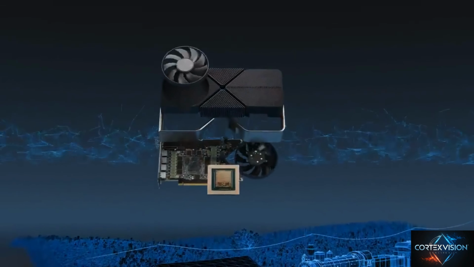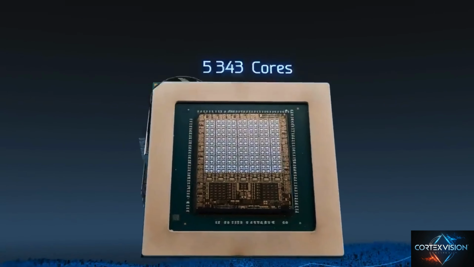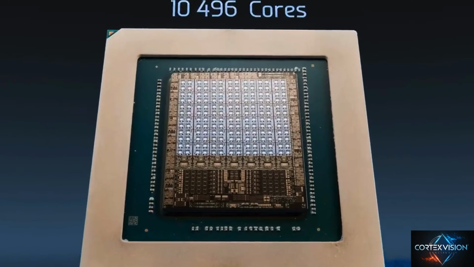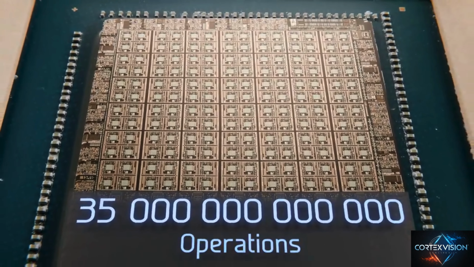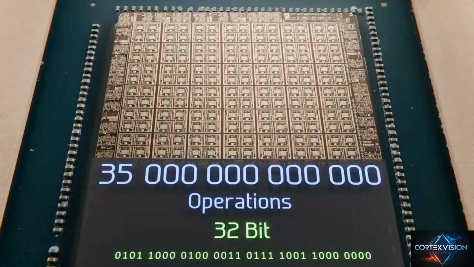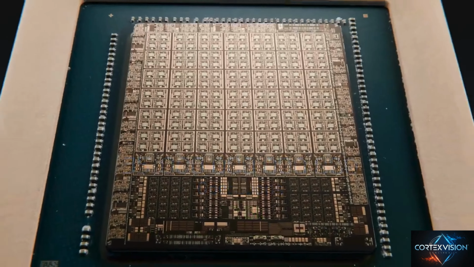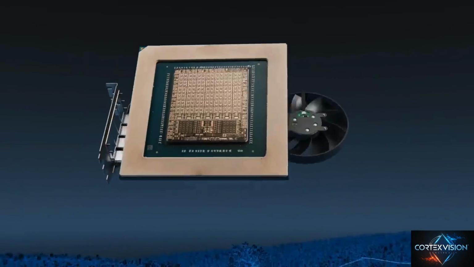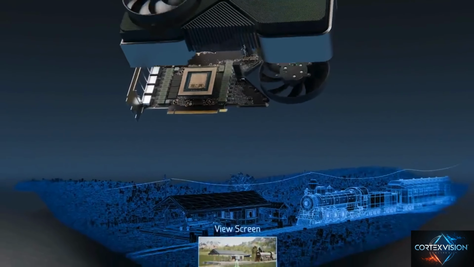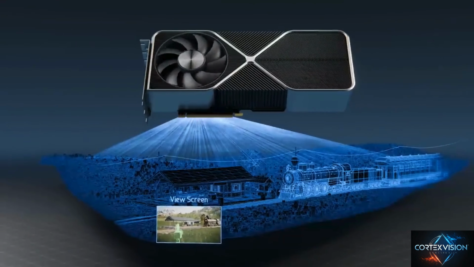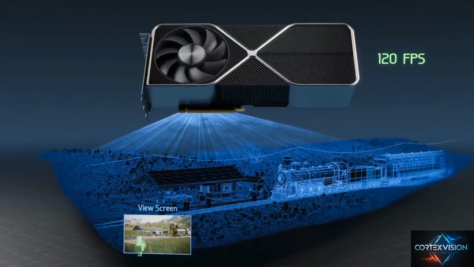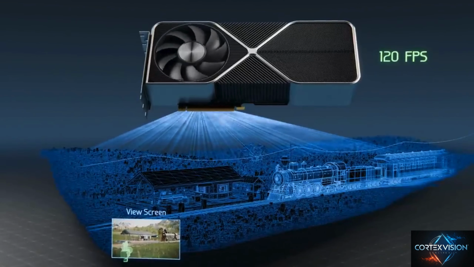For example, this GPU has 10,000-ish cores designed to efficiently execute up to 35 trillion operations of 32-bit multiplication and addition every second. And by distributing the vertex coordinates and transformation data among each of the cores, the GPU can easily render the scene, resulting in 120 or more frames a second.